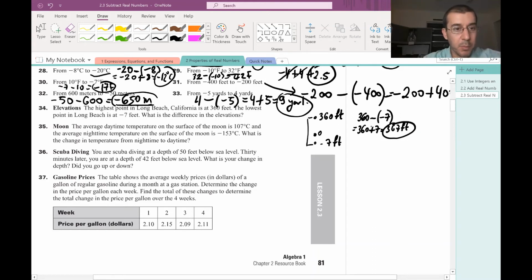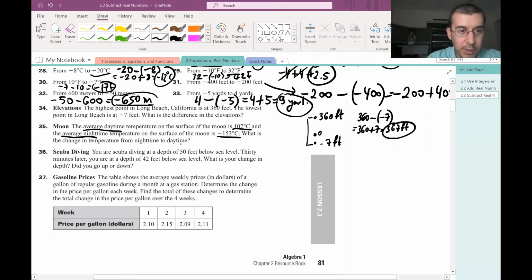35, moon. The average daytime temperature on the surface of the moon is 107 Celsius, and the average nighttime temperature on the surface of the moon is minus 153 Celsius. What is the change in temperature from nighttime to daytime?